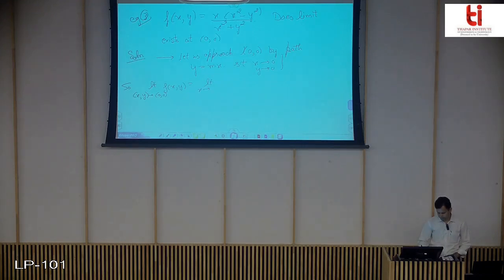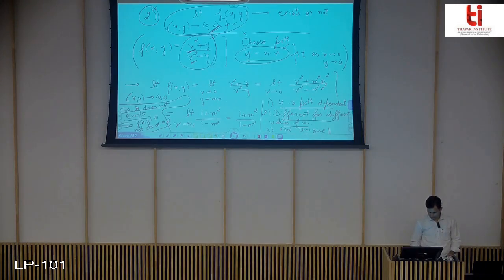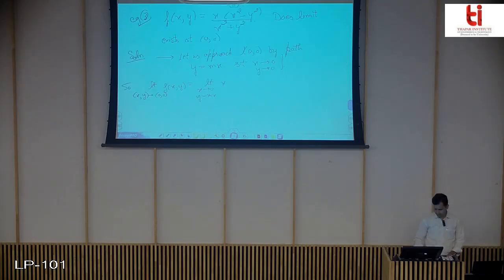This is the limit as x tends to 0, with y equals mx, of x into x square minus y square over x square plus y square, and this gives you the limit as x tends to 0 of x square minus m square x square over x square plus m square x square. Solving this, you get the limit as x tends to 0 of x times 1 minus m square over 1 plus m square, and this no doubt gives you 0 for all m. Whatever m you choose, you get 0.